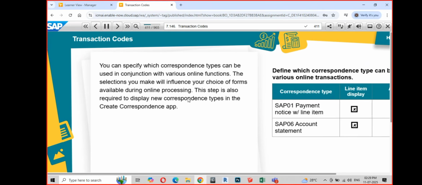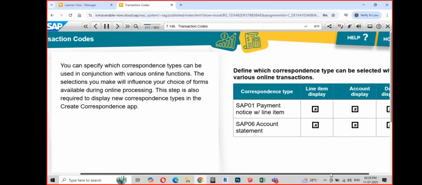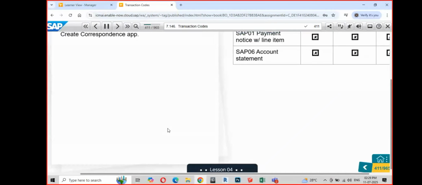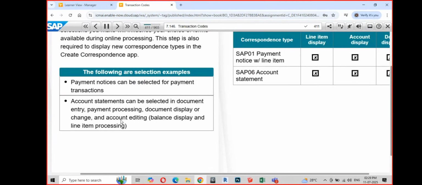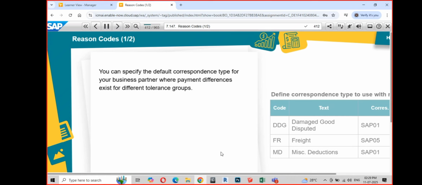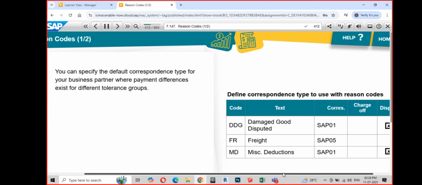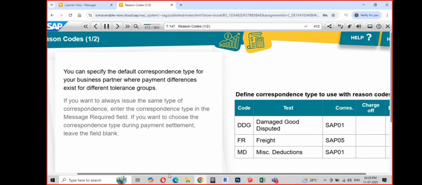Transaction codes. You are very well aware of what a transaction code is.